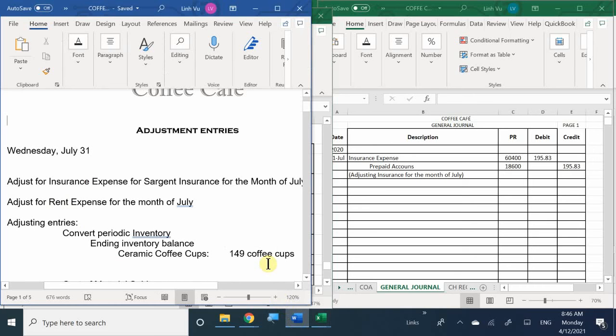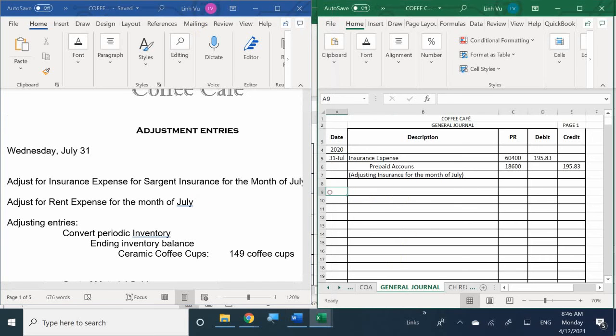Okay, so then the next scenario says that I need to adjust for rent expense for the month of July. So what am I going to do here? Rent expense.